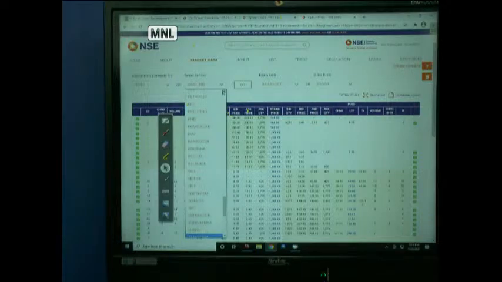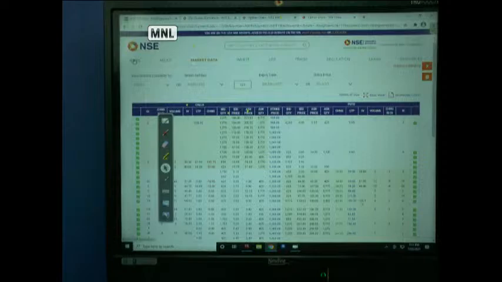They are not listing the Nifty futures. Previously, in the last website, it used to be there. So let's look at the other one.